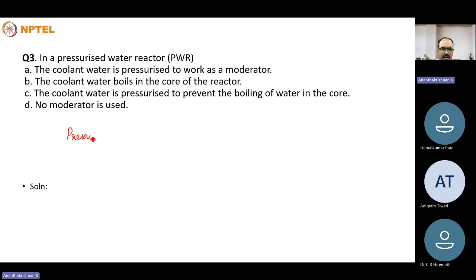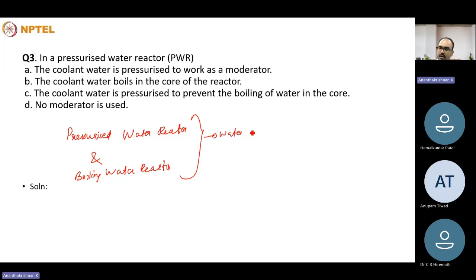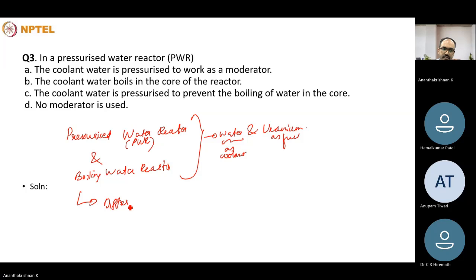Basically, pressurized water reactor and boiling water reactor are pretty similar. They both use water as a coolant and uranium isotopes as a fuel. The difference is that in the pressurized water reactor, there are two water circuits.